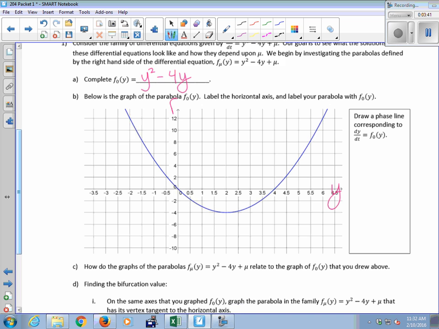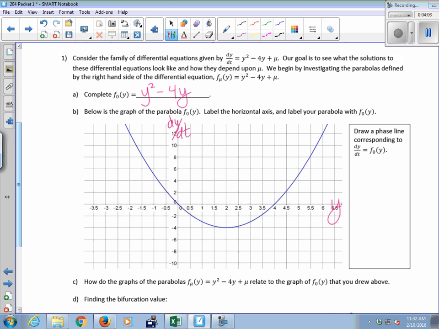F of y, which also is dy/dt. Actually, that might be better to keep in mind that this is a graph of a derivative. dy/dt. That is the right-hand side. y squared minus 4y represents the right-hand side of my differential equation. Right? So it's a derivative.